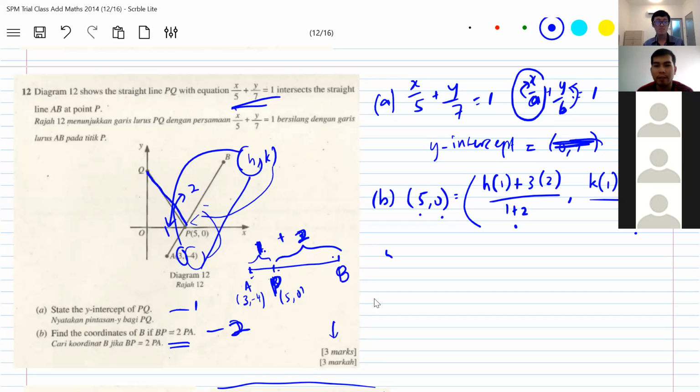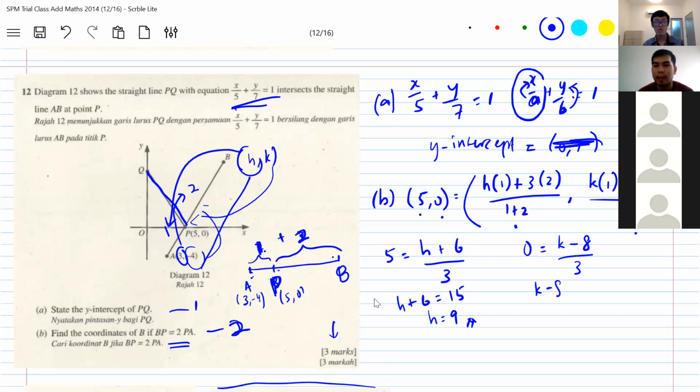Okay, so 5 is equals to h plus 6 over 3. H plus 6 equals to 15. H equals to 9. Then for y, this is for x, right? For y is 0 is equals to k minus 8 over 3.